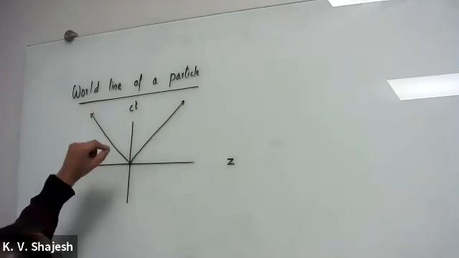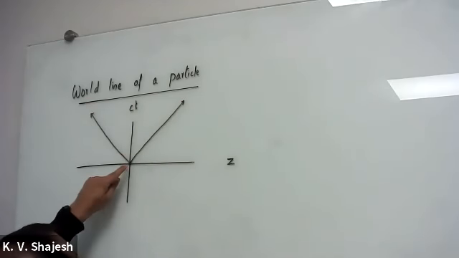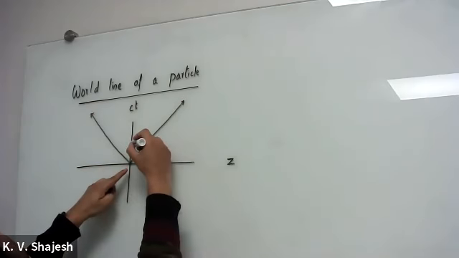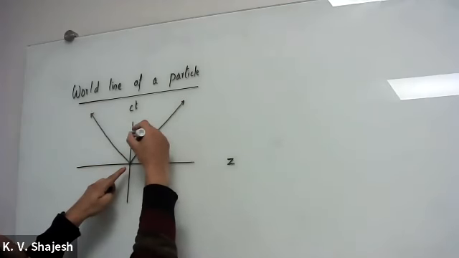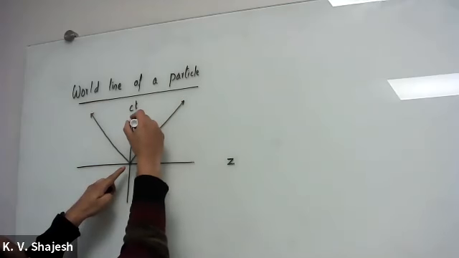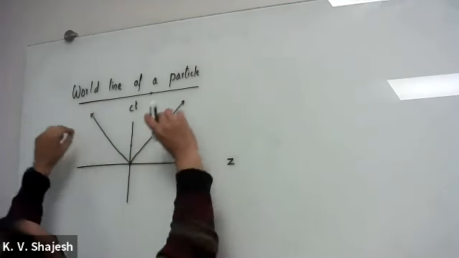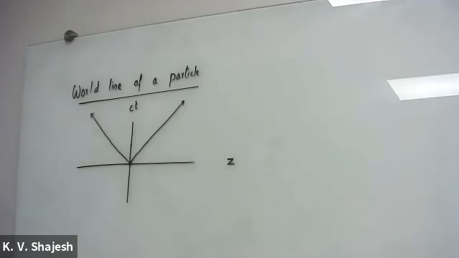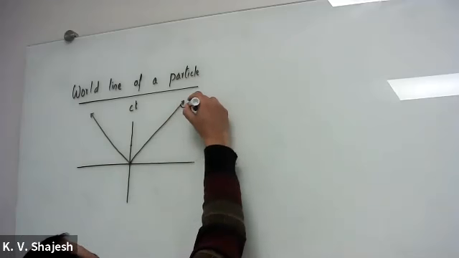But this is at that instant, right? Whatever light was produced at t equal to 0, at t equal to 1 second, it is somewhere here. At t equal to 2 seconds, that's here. 3 seconds, it's here. So that's if you want the world line of light. So this is the world line of light.